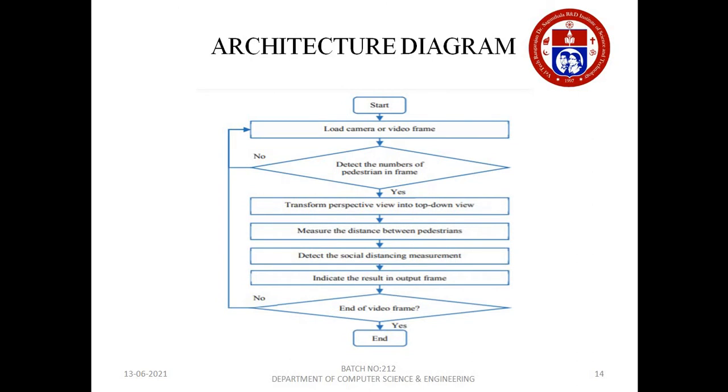Here we are giving the start and end points of this diagram. First we need to feed a video, or we can turn on the camera and give live video also. It will detect the pedestrians in the frame. Pedestrians means persons, so it will predict the persons. It transforms the perspective view into a top-down view.